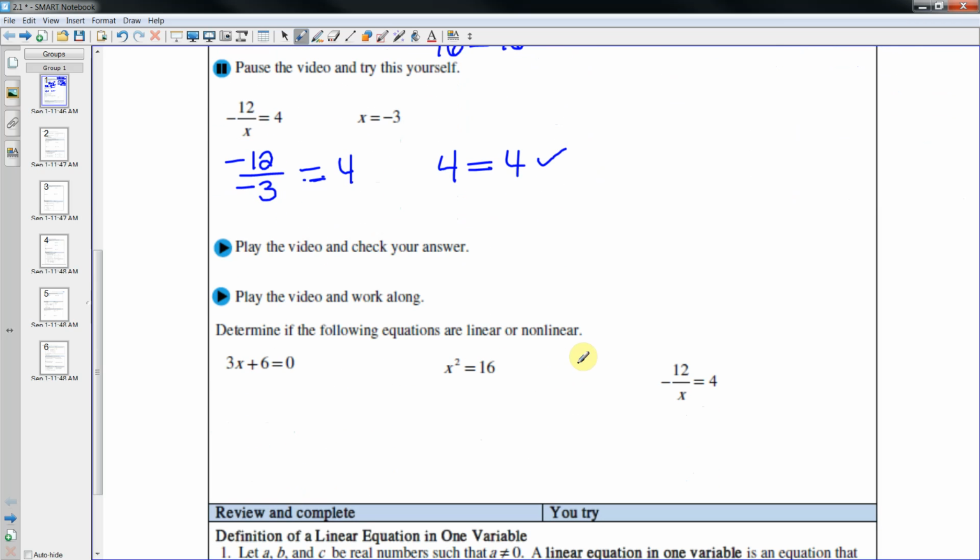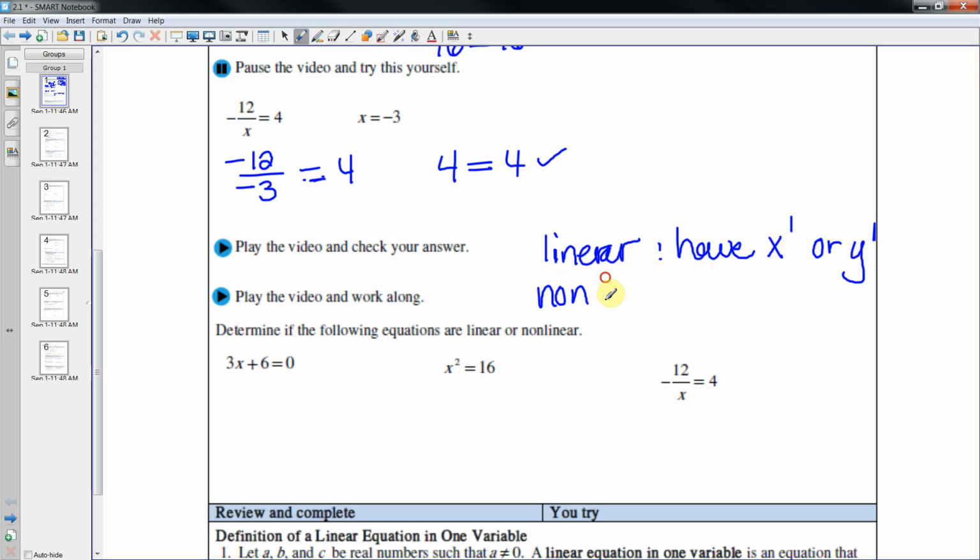Alright, so determining whether equations are linear or nonlinear. Linear equations have an x to the 1 or a y to the 1.